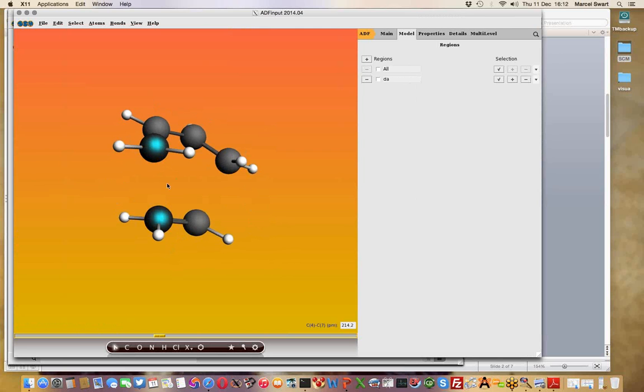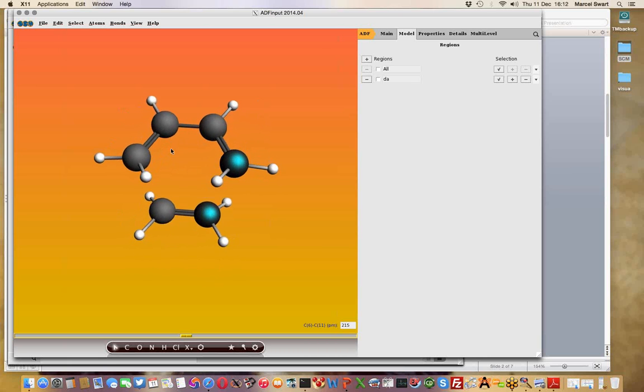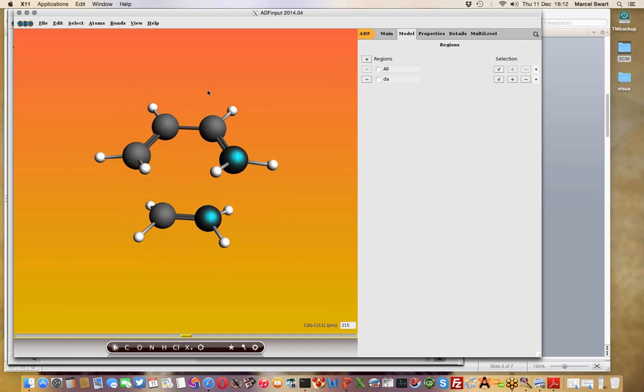This one, and also this one. So these are the two bonds which you put in your transition state reaction coordinates block. And when you do that and optimize the geometry with QUILD, you already get good performance.